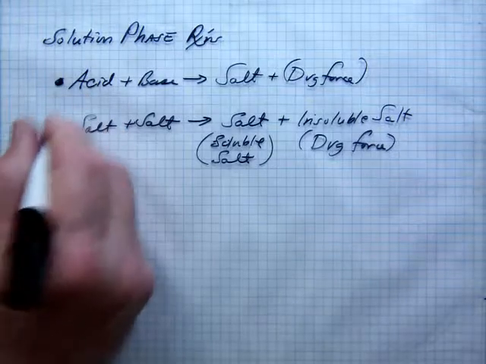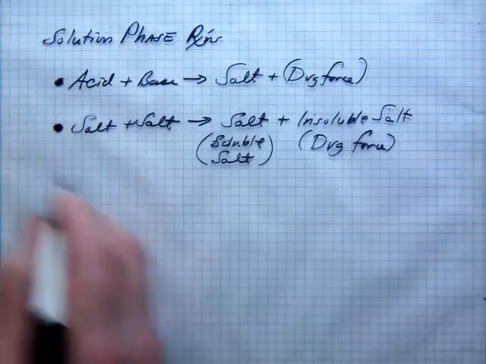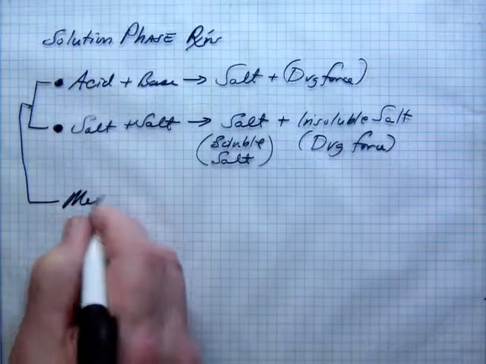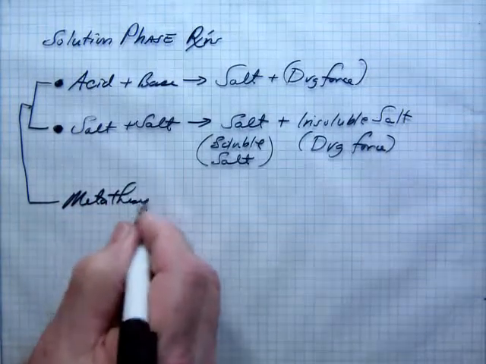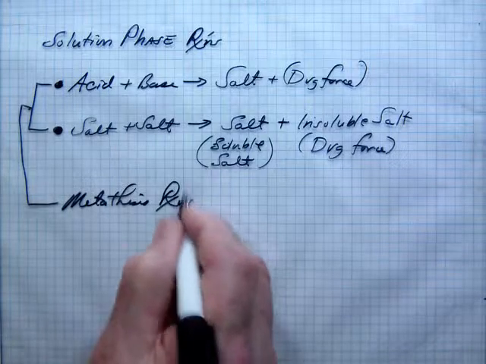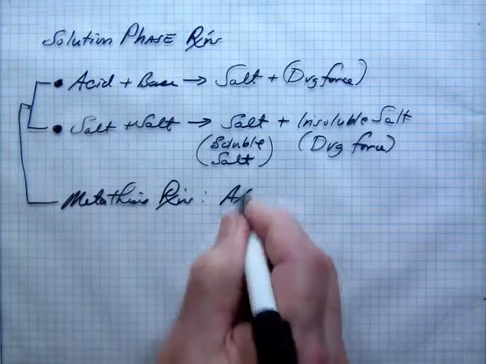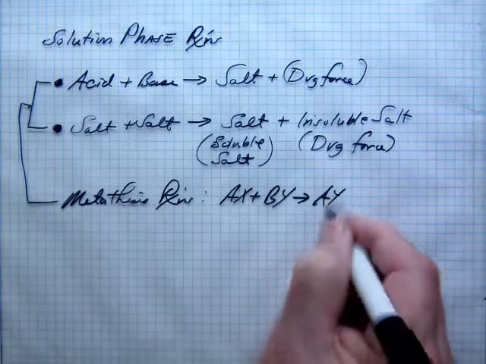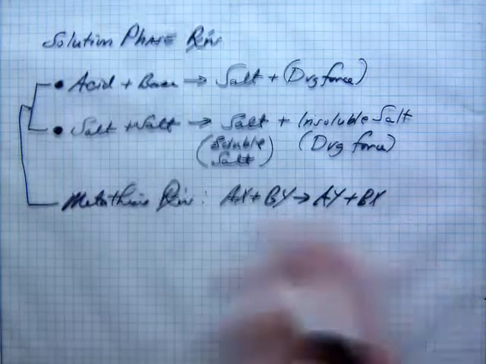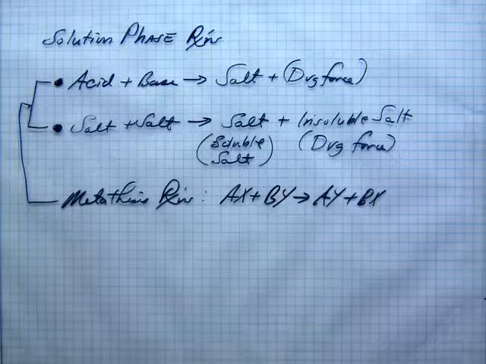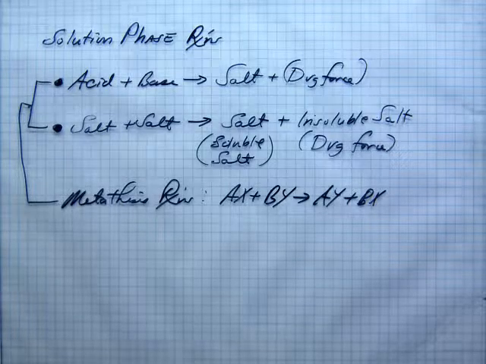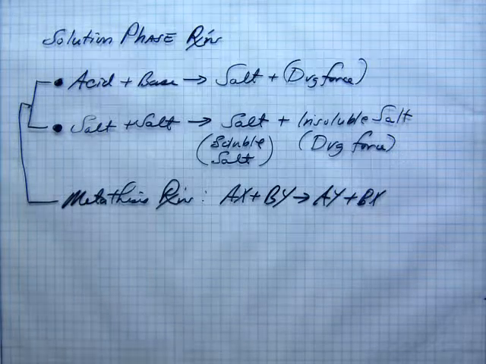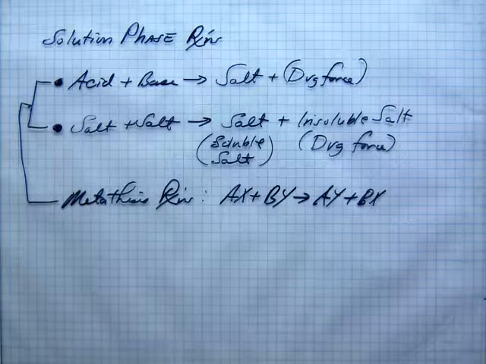So the primary form of these two reactions is metathesis. AX plus BY goes to AY plus BX, and stoichiometry comes out of that relationship after it's balanced and so forth. Okay, so we want to try to work some problems.